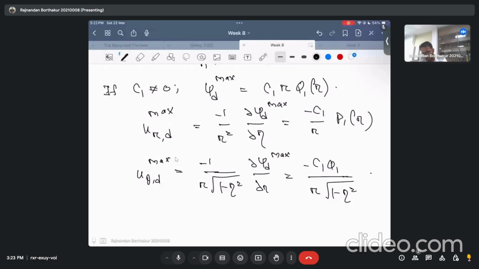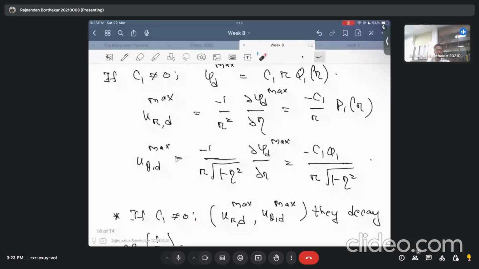Because you can see that U_r d max is also proportional to 1 upon r and U_theta d max is also proportional to 1 upon r. And the rest all are just order 1 quantities. Okay. So you can now understand that the highest possible disturbance in the disturbance velocity field can decay as 1 upon r.